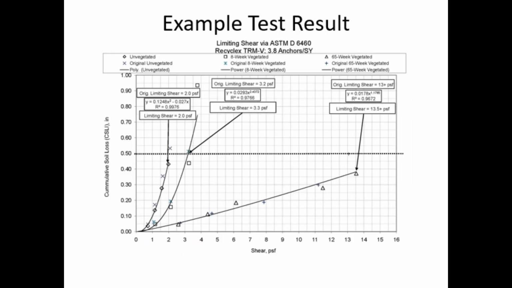The results of the D6460 test series, that is, 4 sequential increasing flow events, are then plotted on a cumulative soil loss versus shear stress graph. By adding a best fit regression curve to the data points, the half-inch intercept can be found, which determines the product's permissible shear stress.